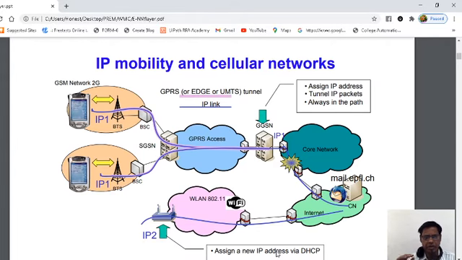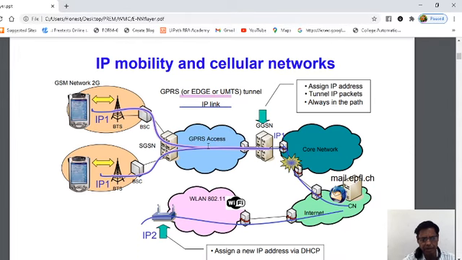Our mobile handset communicates with the tower and with the base station subsystem, and then the serving GPRS support node, the GPRS networking protocol. From this, the mobile communication goes to GPRS access.